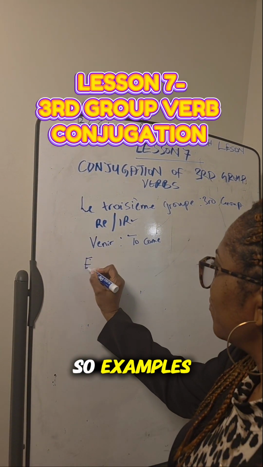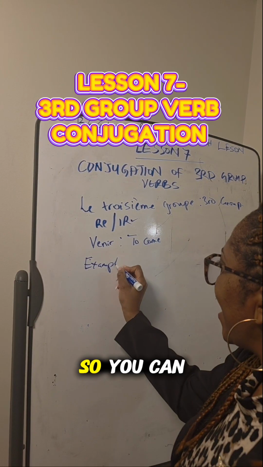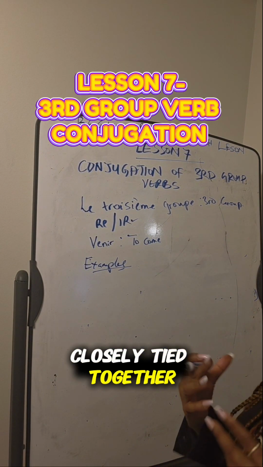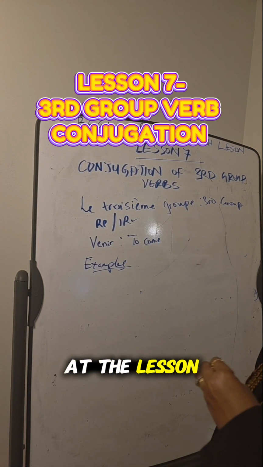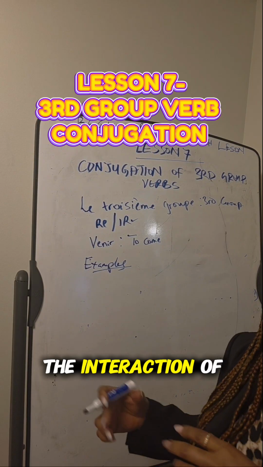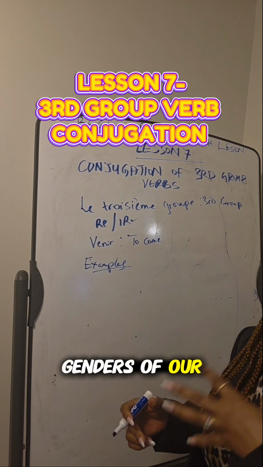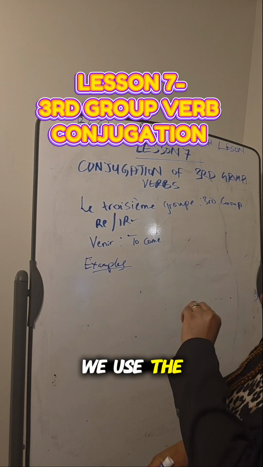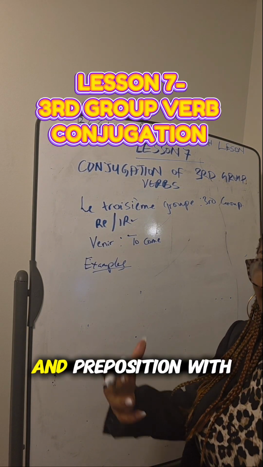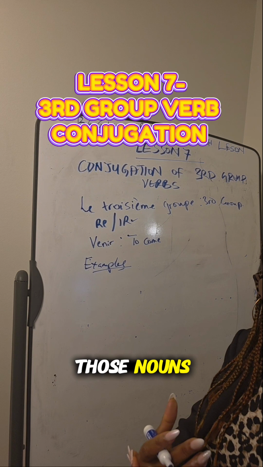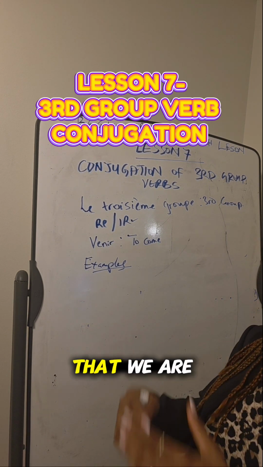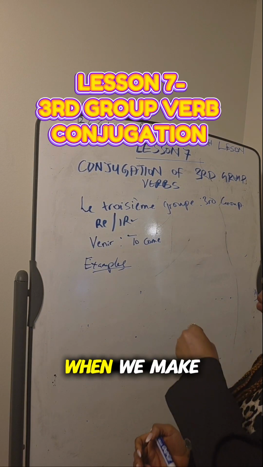So, examples. You can now see how all of these things are closely tied together. At lesson 2, if my memory serves me correct, we talked about the interaction of prepositions with the various genders of our nouns. You could see now that when we use the verb to come and certain nouns in French and a preposition with those nouns, there is going to be some element of interaction with the preposition that we're going to be using with the nouns when we make sentences.